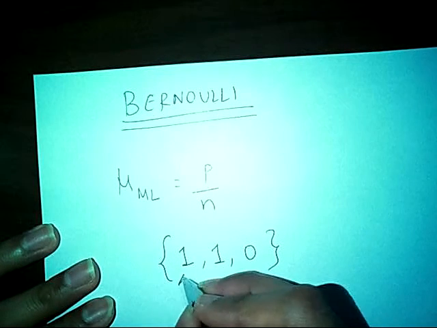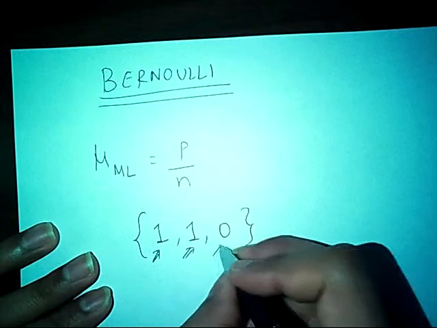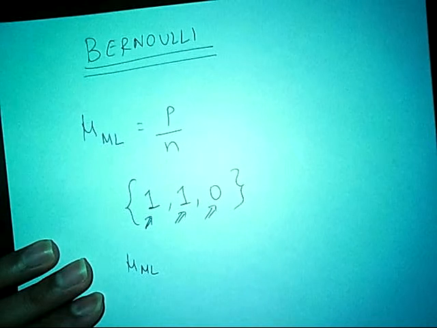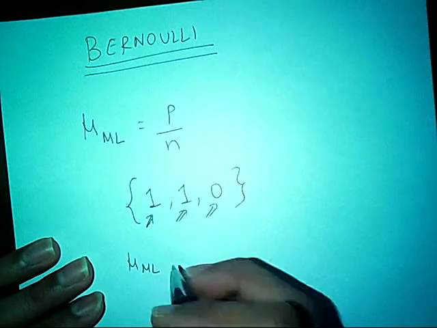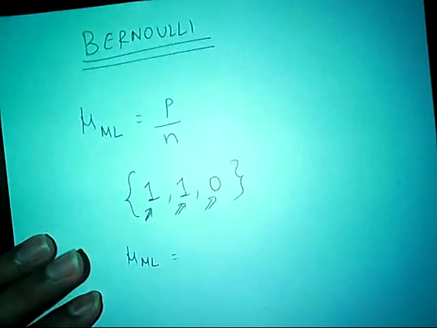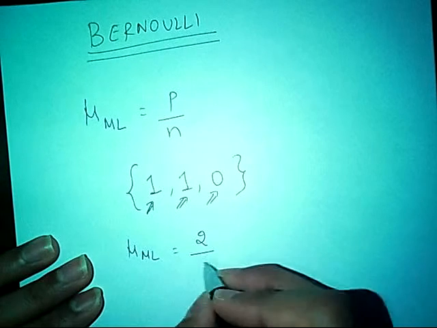This would mean that I got a head in the first attempt, a head in the second attempt and a tail in the third attempt. So my mu ML for the fourth attempt, if I want to estimate the mu with which I am going to get a head, is going to be P, the total number of heads that I have obtained, which is 2 over n.